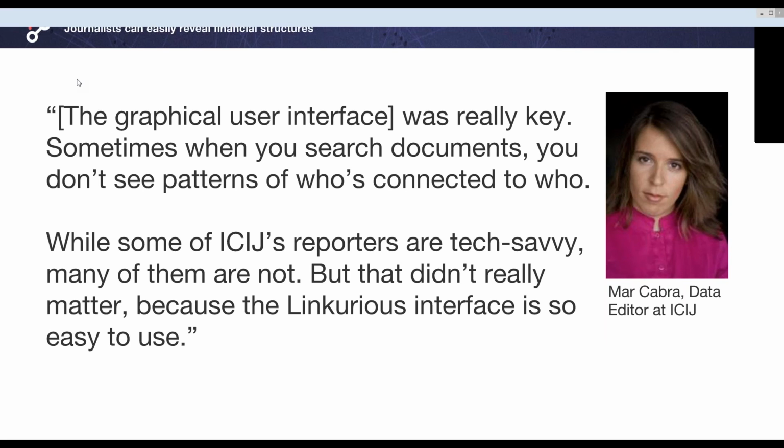Sometimes when you search documents, you don't see patterns of who's connected to who. While some of the ICIJ's reporters are tech-savvy, many of them are not. But that didn't really matter because the Linkurious interface is so easy to use. And it's something very important to us because most of our customers are not data scientists, and we want to make graph data, which is inherently complex, accessible to non-technical users, like journalists.